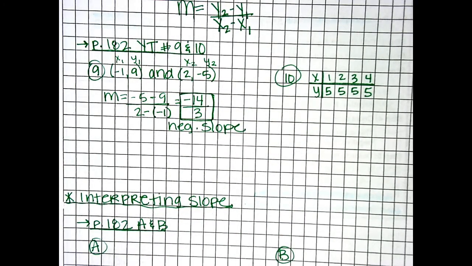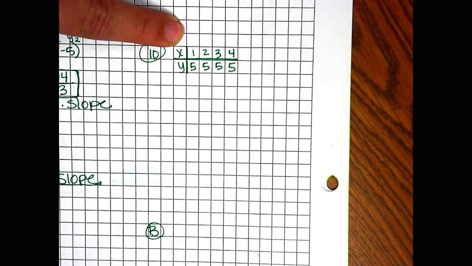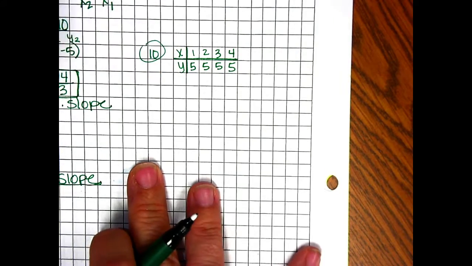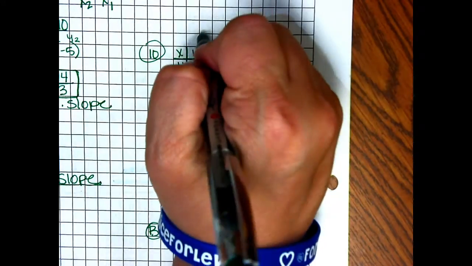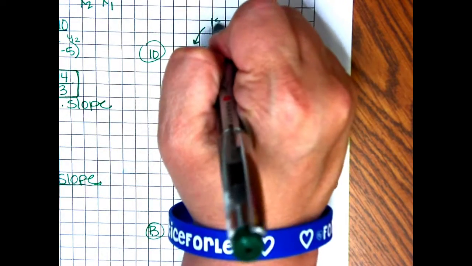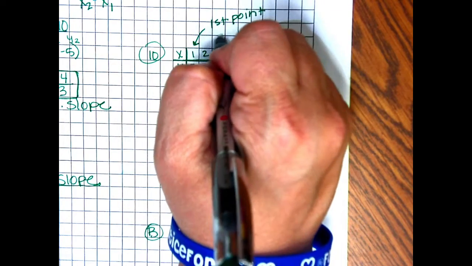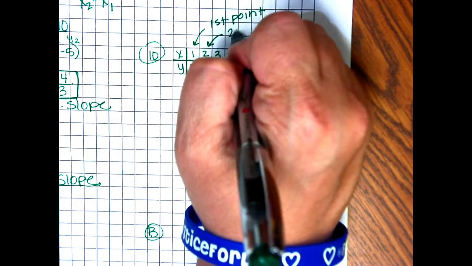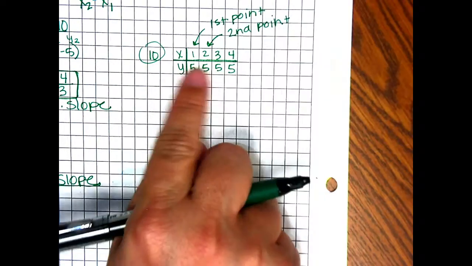Okay, the second one, the book gave us the XY table. So literally you take that as this is the first point. This would be your second point. And we'll use those as ordered pairs.